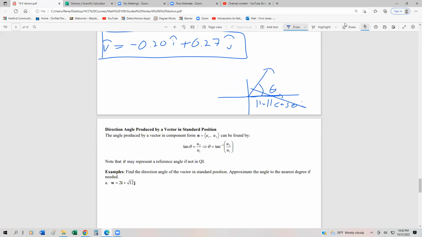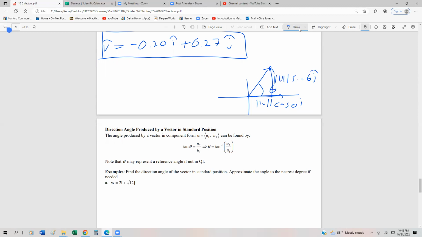And if this is the terminal point right here, then we could actually get a triangle out of this. And we know that this would be the magnitude of v cosine theta i, and this would be the magnitude of v sine theta j.